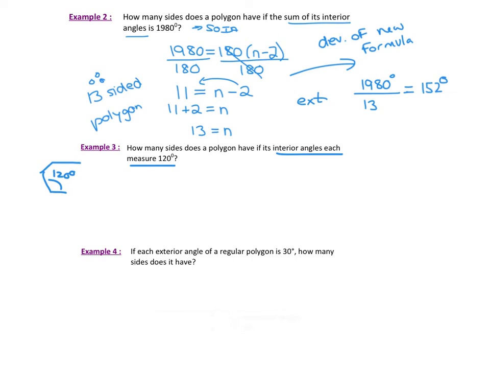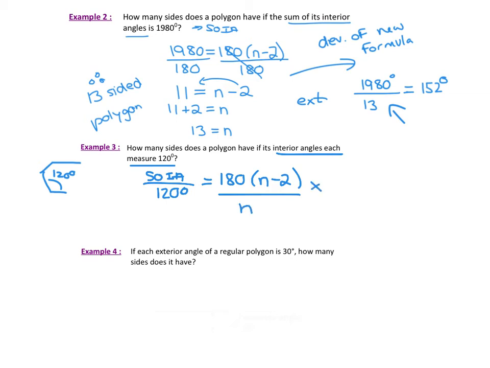So to kind of look at it, it would be like saying the sum of the interior angles is divided by how many degrees to find how many sides there are. But we still have to deal with the 180 and n minus 2. But if we look at our previous example, n was on the bottom here.